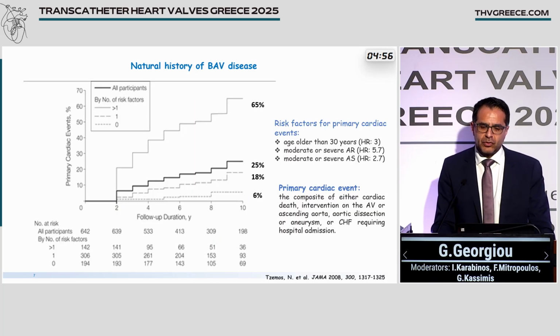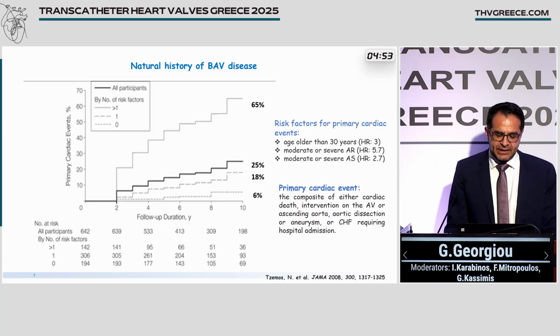A registry which followed up closely 600 ambulatory patients with bicuspid aortic valve disease showed that 1/4 of them, 25%, met one of the primary cardiac events, which was the composite of either cardiac death, intervention on the aortic valve or ascending aorta because of aortic dissection or aneurysm, or congestive heart failure requiring hospital admission. 3 risk factors in a multivariate analysis were related with this increased risk of events: age older than 30 years, moderate or severe AR, moderate or severe AS.